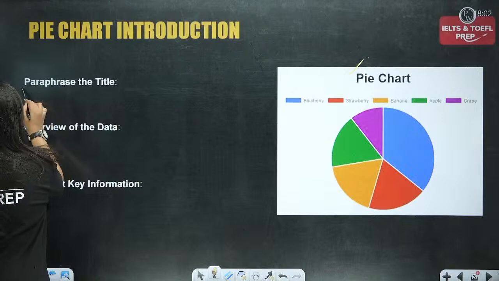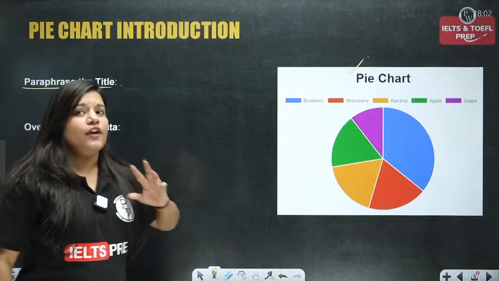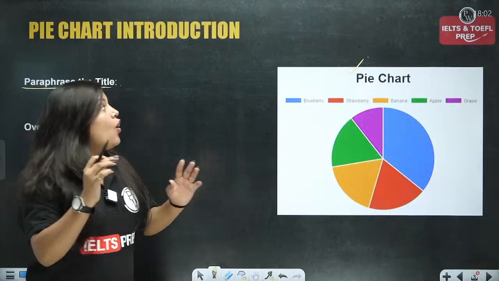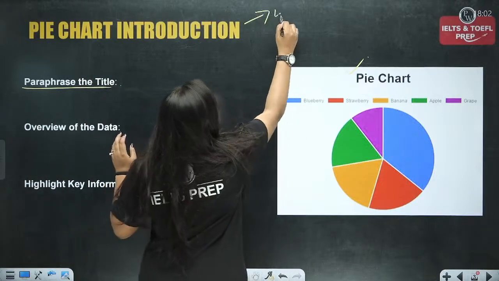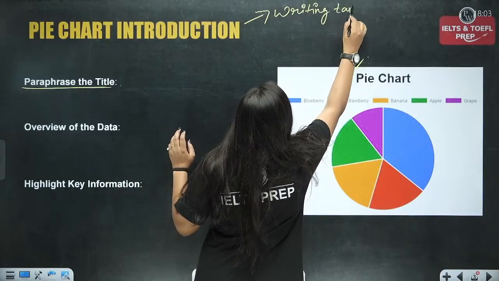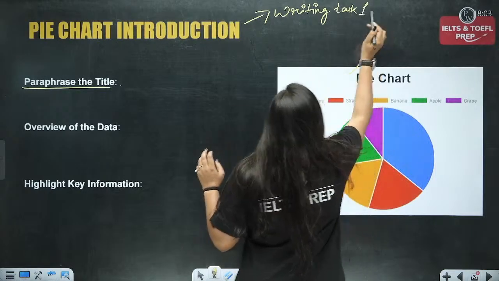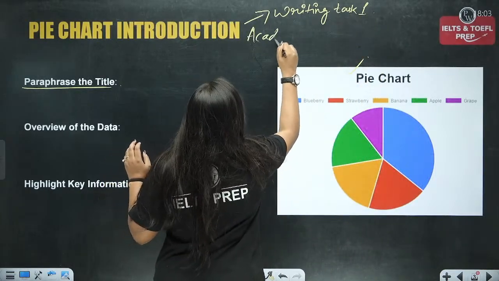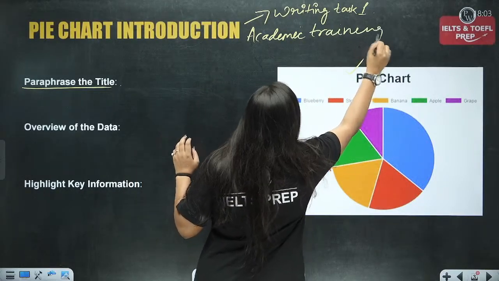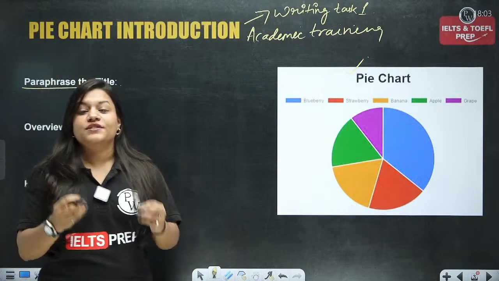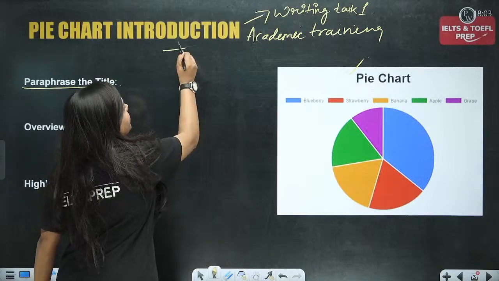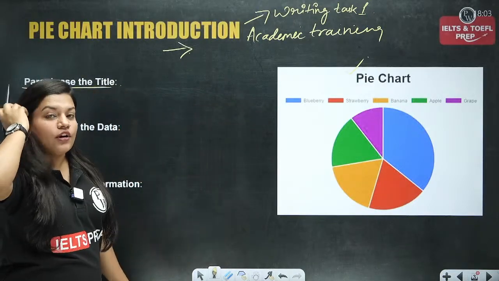Also, as you might be aware, I have always told you that whenever you attempt Academic Writing Task 1, you have to follow a certain structure for your writing.